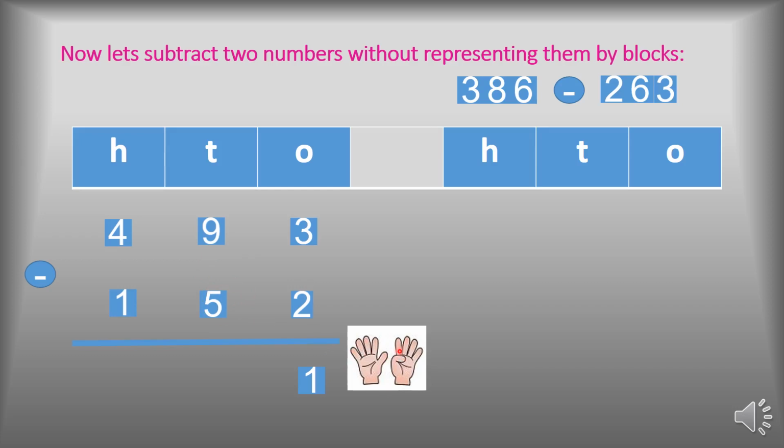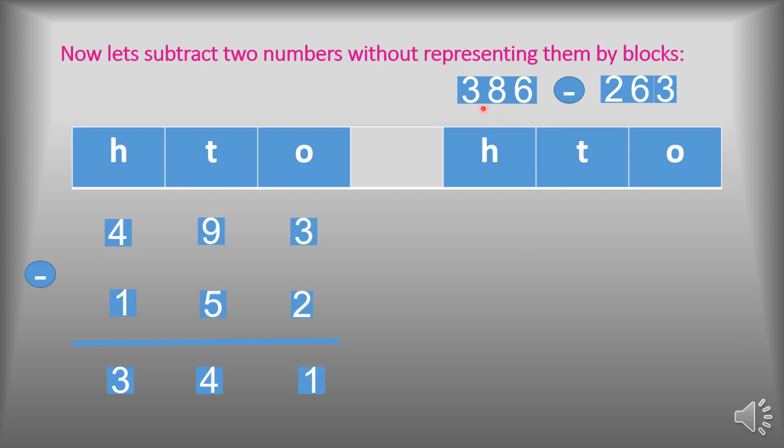Then the remaining finger is 1. In the hundreds digit, I put 4 fingers on my hand and close 1 finger. The remaining are 1, 2, 3. Then the answer is 341.